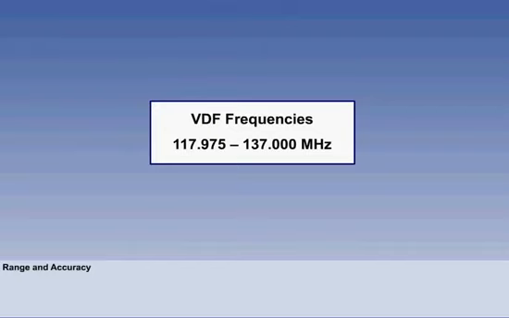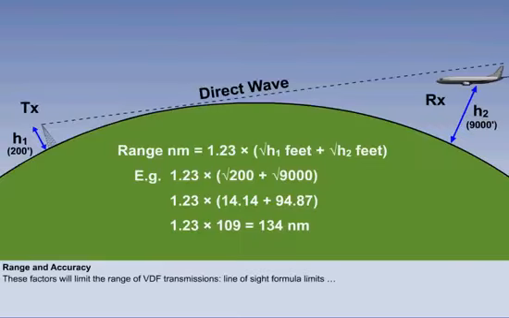VDF uses the VHF frequencies of 117.975 to 137.0 MHz. Remember these because it is a popular exam question. Several factors affect the range of VDF transmissions.